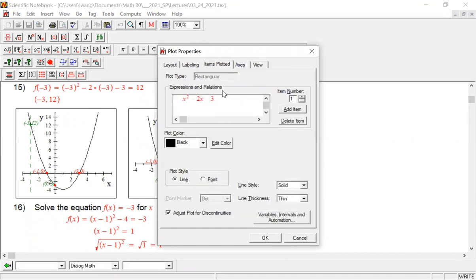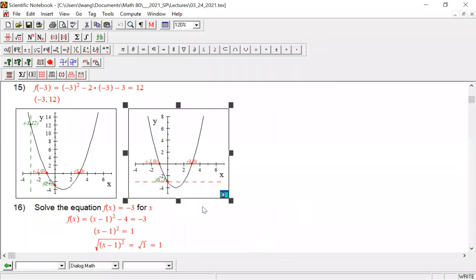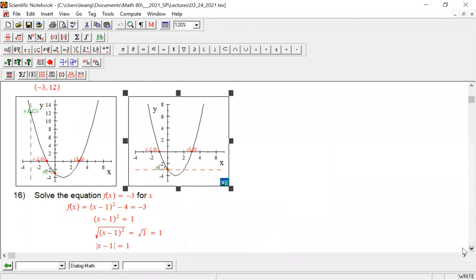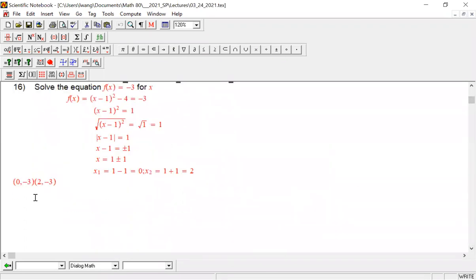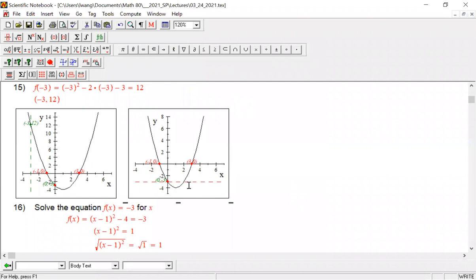So this time I'm going to do the horizontal cut, which is -3, and this line is going to be red, cutting my parabola. Oh, look at that. We got 0. It's already touched a point we had before. And there's another point, right? So 0, -3 actually was the y-intercept, right? And 2, -3 is the other point we get there.